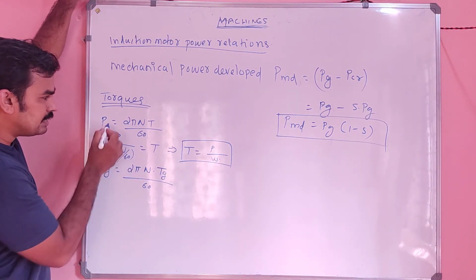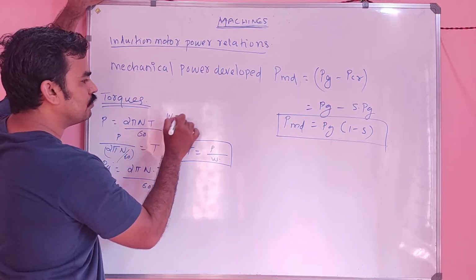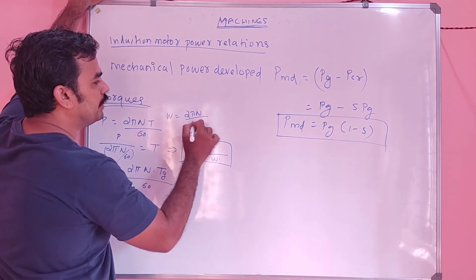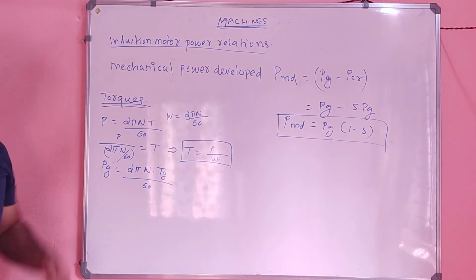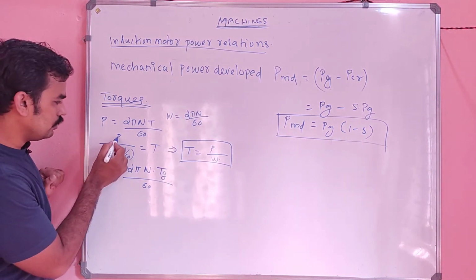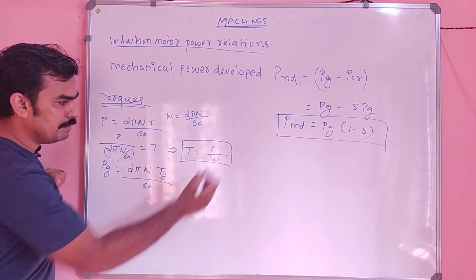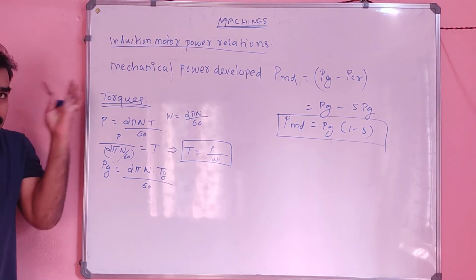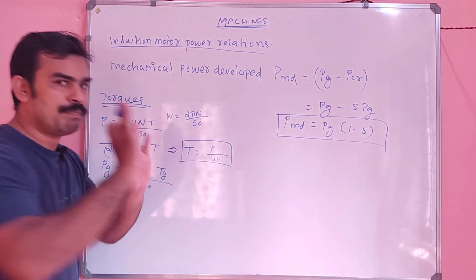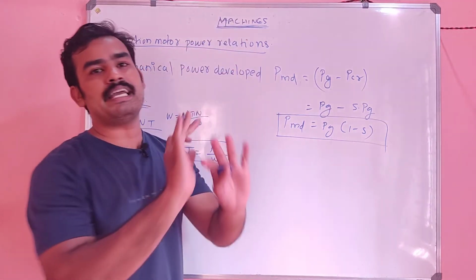P divided by 2 pi N by 60 is nothing but P divided by omega, because we have omega equal to 2 pi N by 60, the angular velocity. So the relationship between torque and power is that torque is equal to power divided by angular velocity.